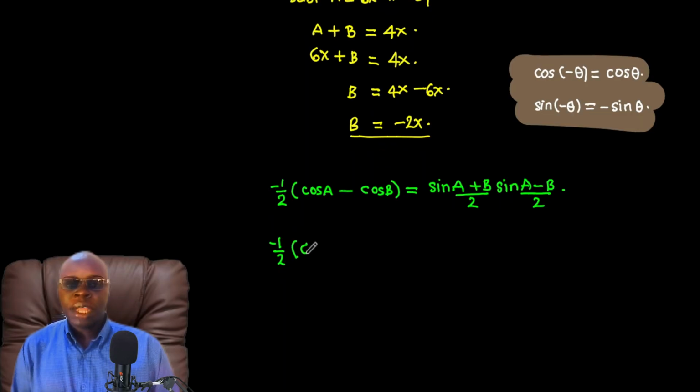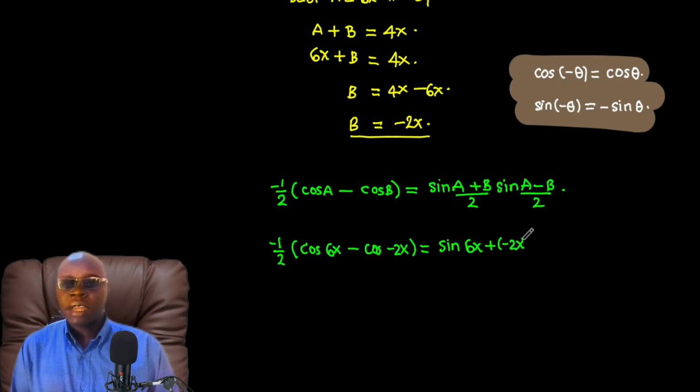So we have cosine of an angle A, and we said angle A was positive 6x, minus cosine of angle B, and angle B is negative 2x. We close this bracket up, and here we have sine of A, which is 6x, plus B is negative, so we can place it in bracket here.